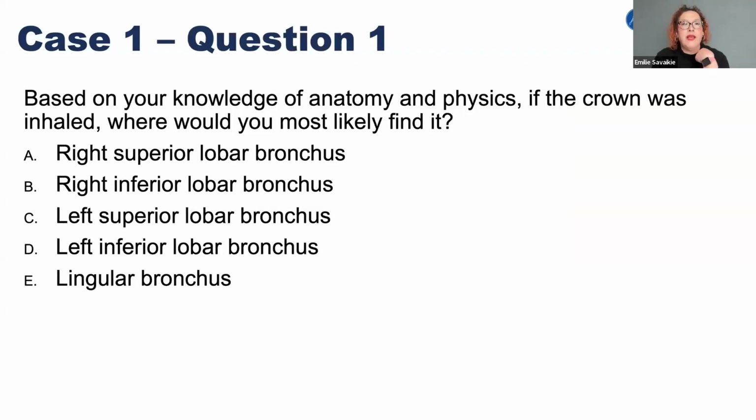So question 1, based on your knowledge of anatomy and physics, if the crown was inhaled, where would you most likely find it? The right superior lobar bronchus, the right inferior lobar bronchus, the left superior lobar bronchus, the left inferior lobar bronchus, or the lingular bronchus?